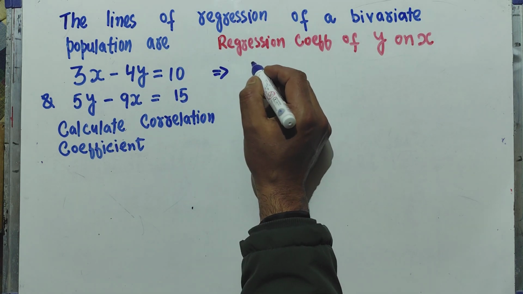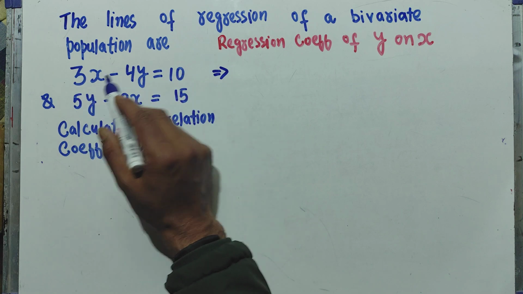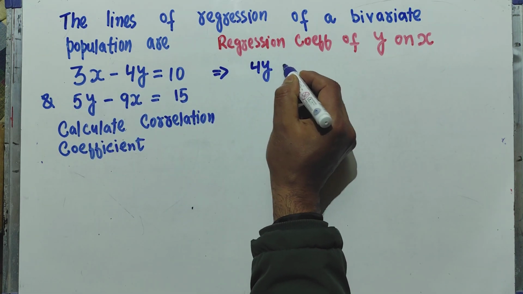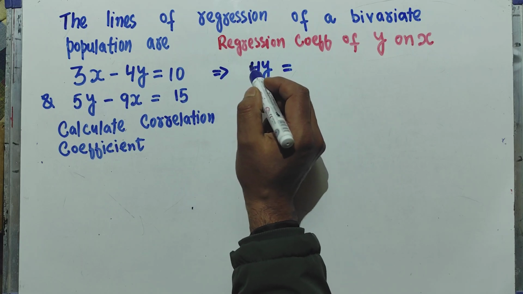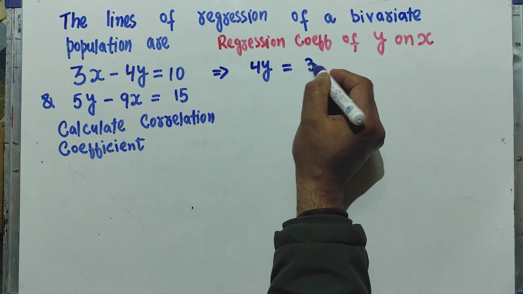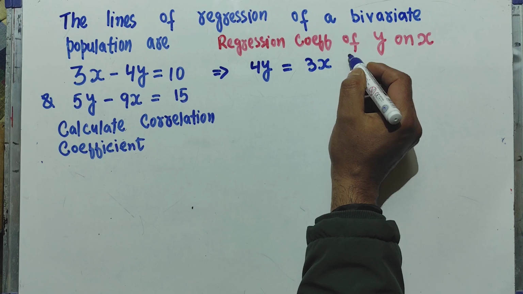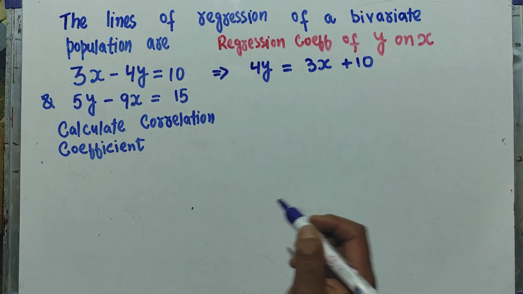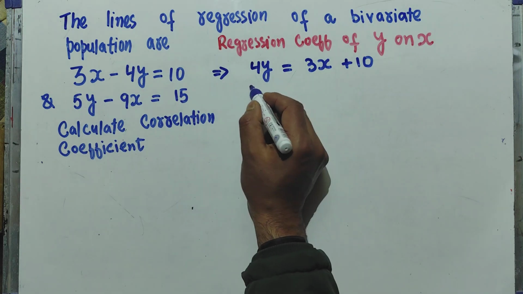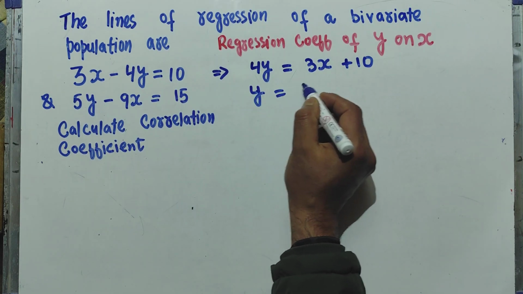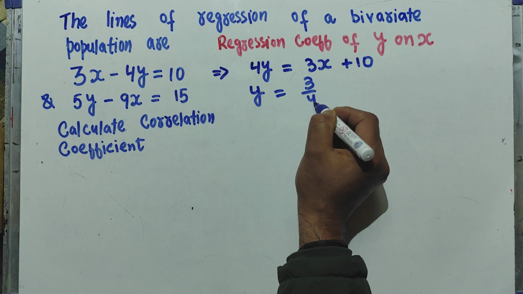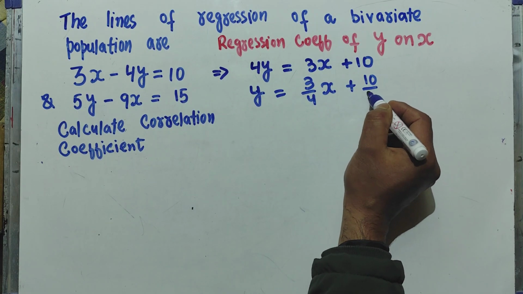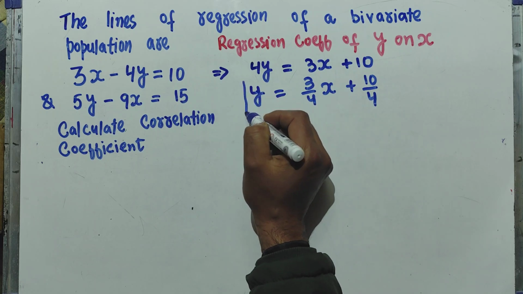If I solve it for y, transpose this here, so we will get 4y is equal to 3x plus 10. Dividing both sides by 4, we get y is equal to 3 upon 4 x plus 10 upon 4.